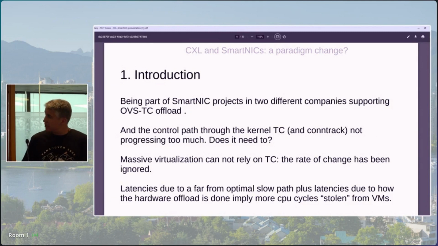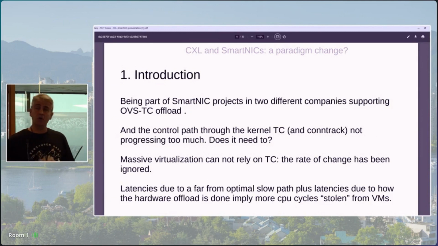So I have worked in two different companies, two different SmartNIC projects, both having OVS offload, OVS TC, using the Linux kernel TC functionality for the offload, and well, plus conntrack, okay?